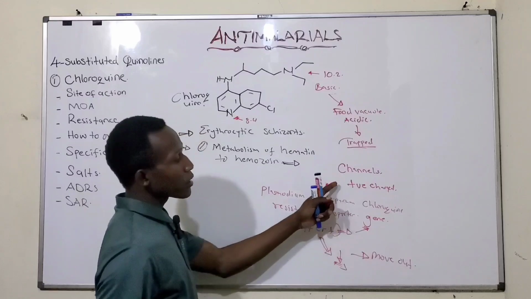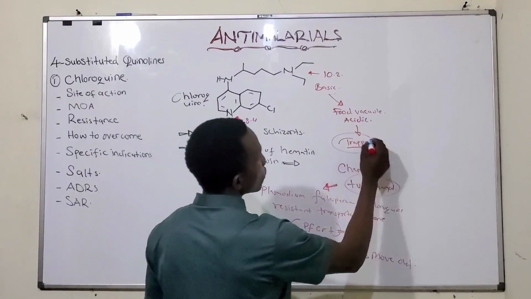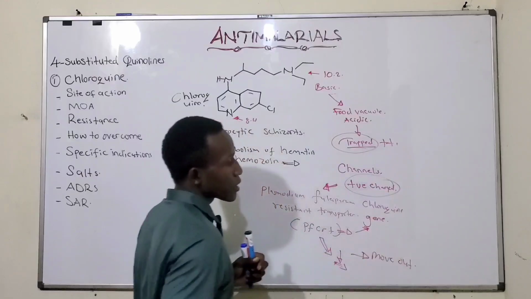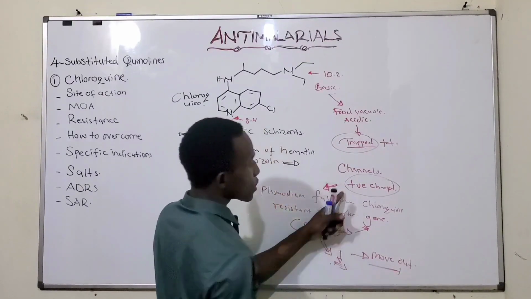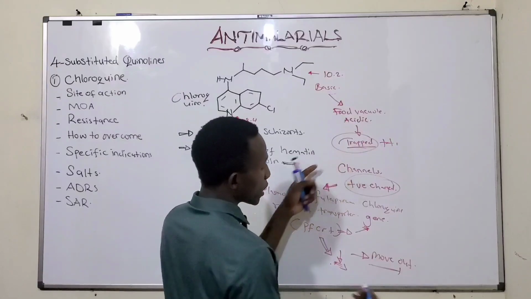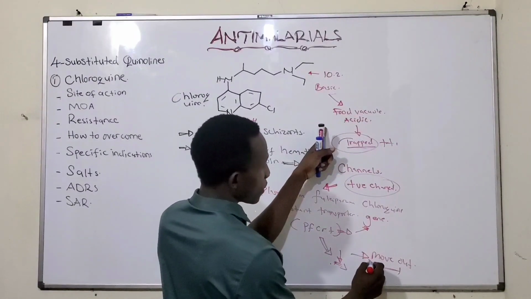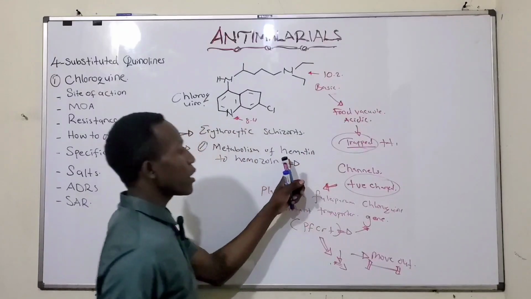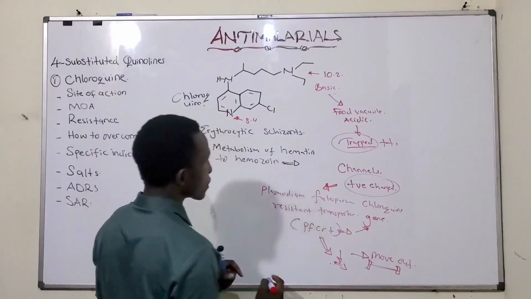What was keeping the drug there was the positively charged channel, and also the drug being trapped because it is positively charged inside. When the channels become less positive, the drug can move out of the food vacuole, so less drug is available to bind to the hematin. So that's one mechanism of resistance.